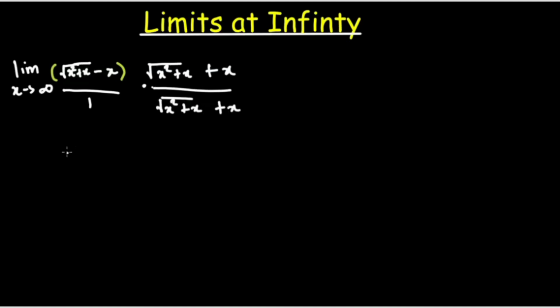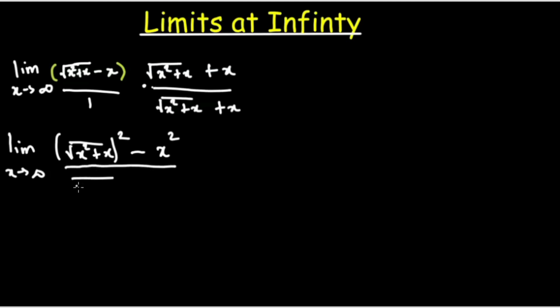So a squared, that will be the square root of x squared plus x all squared, minus b squared, which is x squared. Don't forget your limit as x tends to infinity. And this will be all over the square root of x squared plus x plus x.